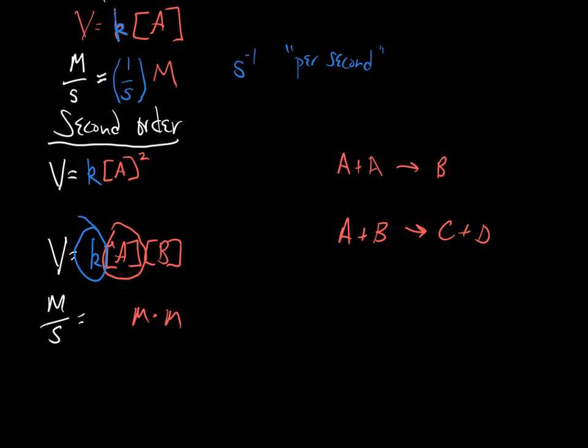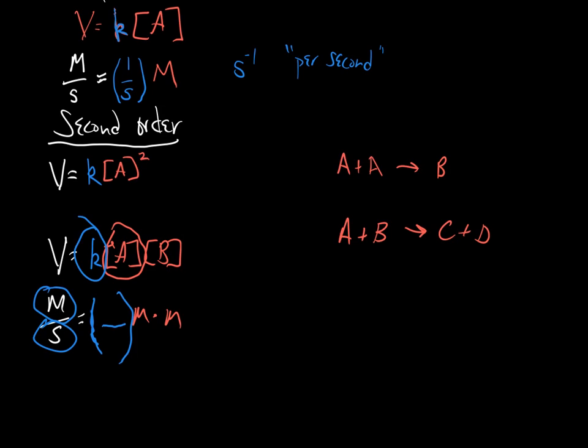How do we get only one M on top and one S on the bottom? How do we cancel out an M? Right now we've got two M's on top, but we only need one M on top. You have to put an M on the bottom.